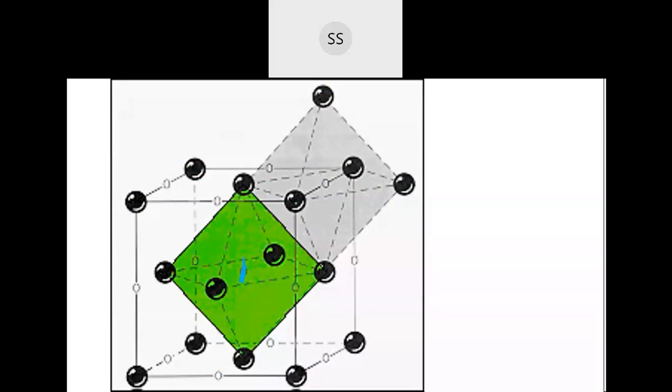So I have 1 unit cell, this one, then neighboring to that you need this atom, so you have another one, second one, above that you have third one, and neighboring to this you have fourth one. So it will utilize 4 atoms to give you this octahedral void. So its contribution will be only 1/4. Like that you have 12 edges, so 12 into 1/4 plus 1 full octahedral void. So total you will get 4. So remember, for face center, the total number of octahedral voids formed is 4.